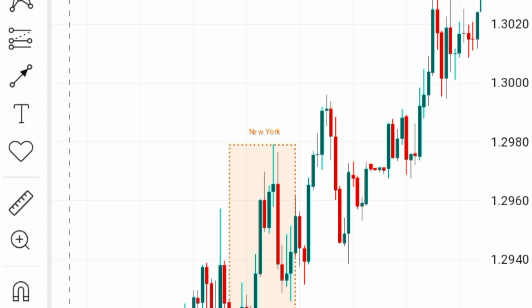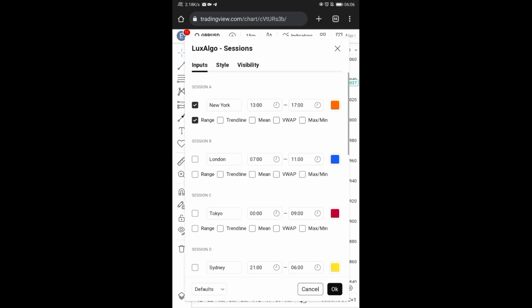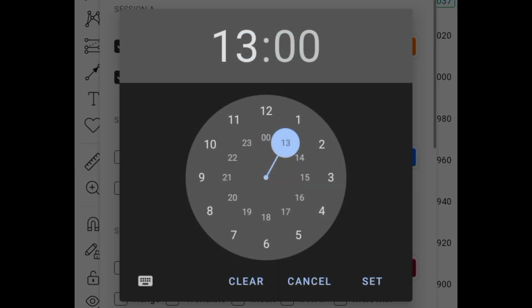Once it pops up, you click on the indicator and go to your settings. So your setting is from 1 p.m. to 5 p.m. Nigerian time. That is what I said, 1 p.m. to 5 p.m. But the time you'll be trading, you only trade around 1 p.m. to 3 p.m. and you leave the market.